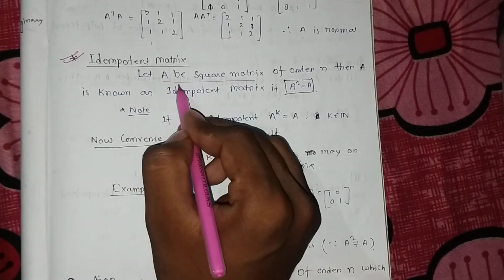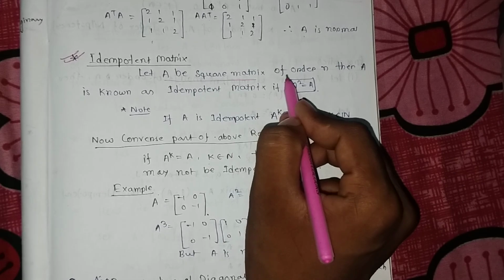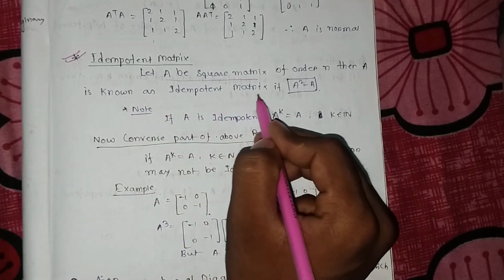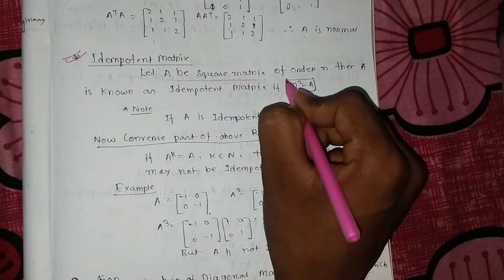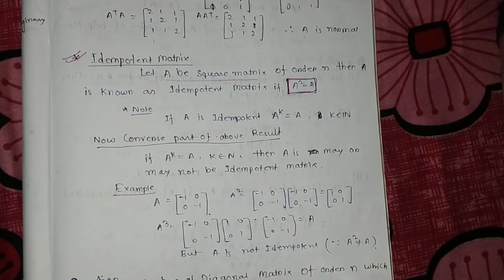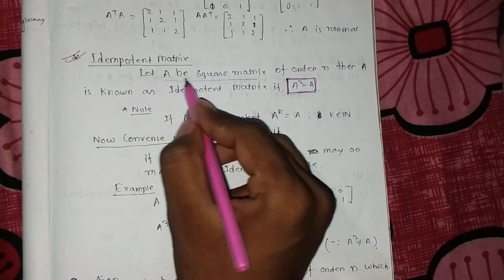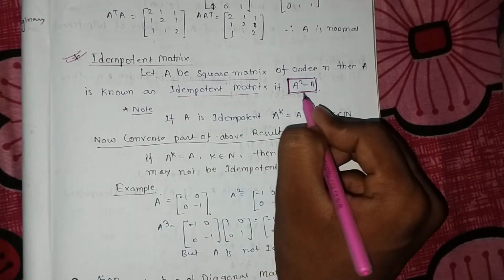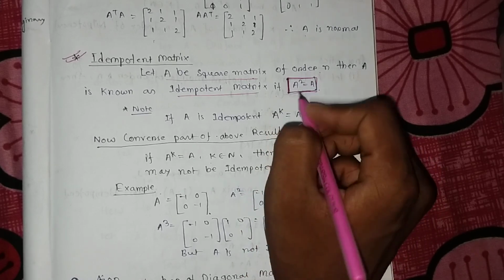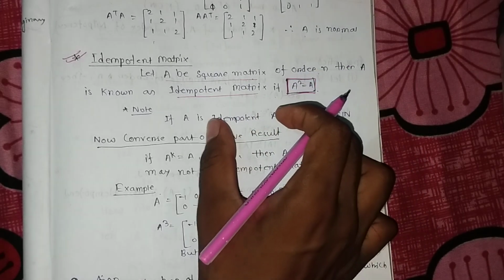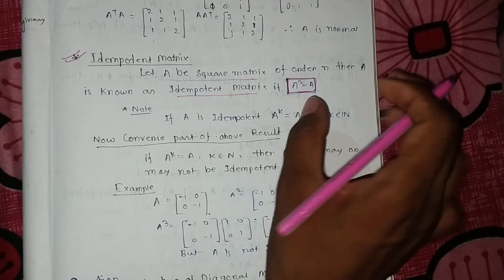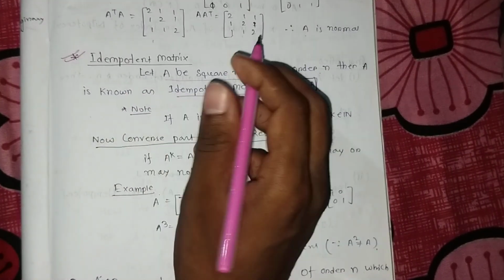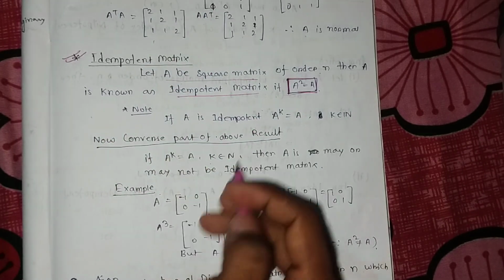If A is a square matrix of order n, then A is known as an idempotent matrix if A square is equal to A. It means if we multiply the matrix by the same matrix, then the matrix A comes again.